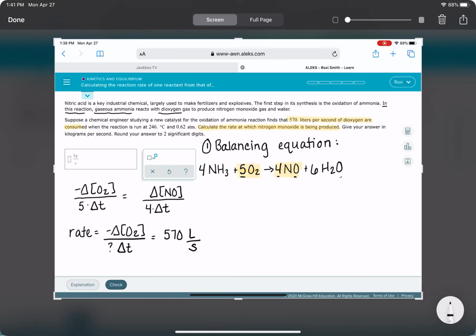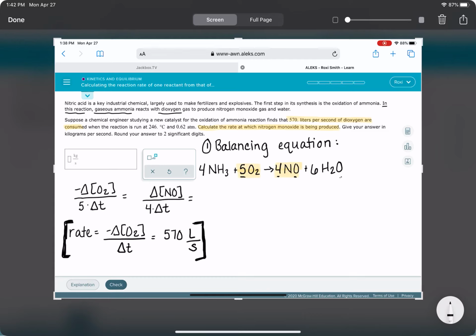Why is the 5 all of a sudden gone? The 5 is not included, the stoichiometric coefficient is not included in this particular calculation because in this particular calculation, we are just looking at the rate of oxygen all by itself. It's not asking about the rate of the reaction. It's not trying to compare one thing to another.